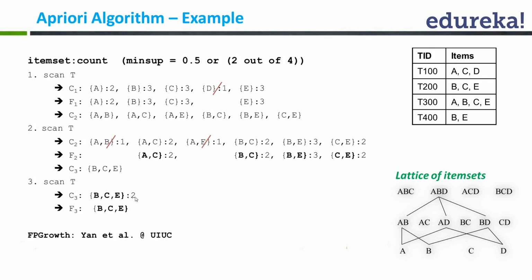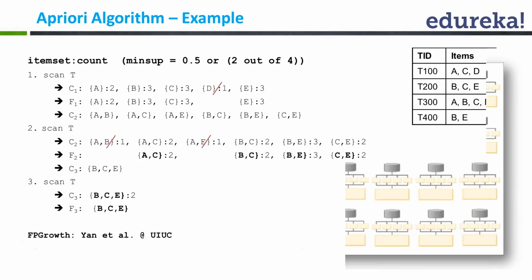So it's greater than or equal to my threshold, and I consider this also as frequent. So that's my first step in the algorithm: compute all the frequent item sets. Whatever is shown in bold are all the frequent item sets.